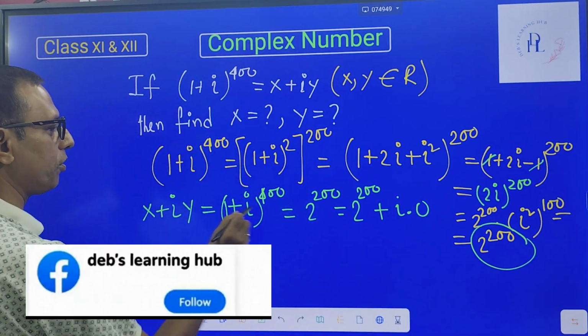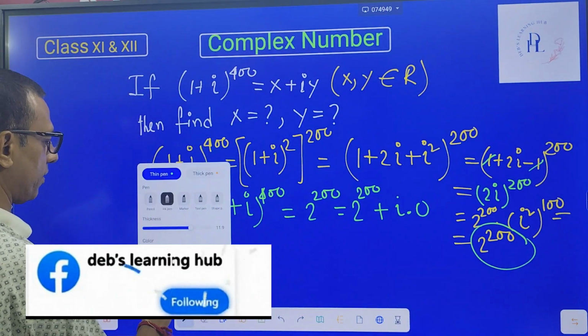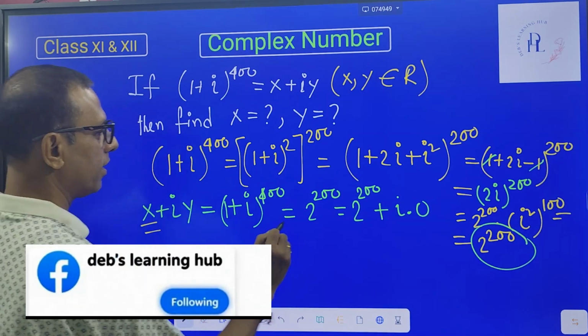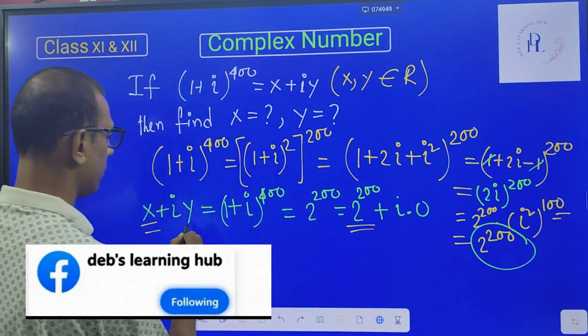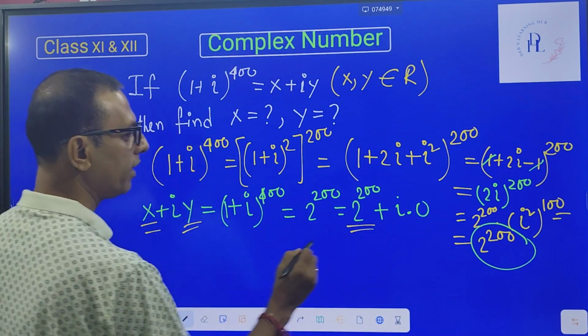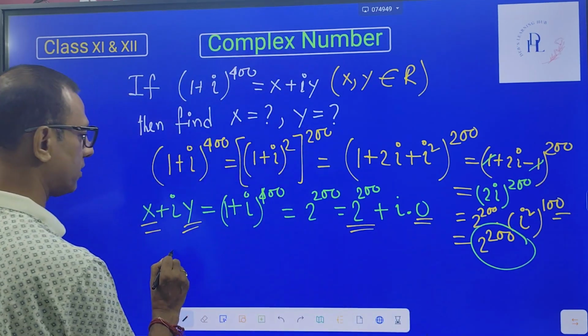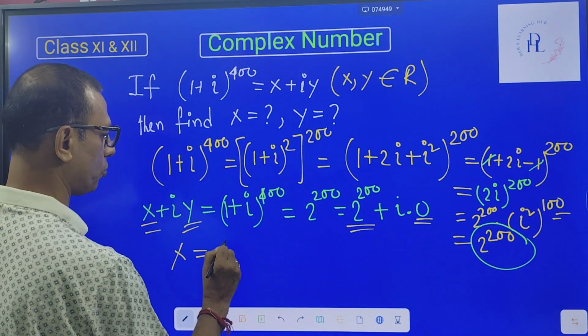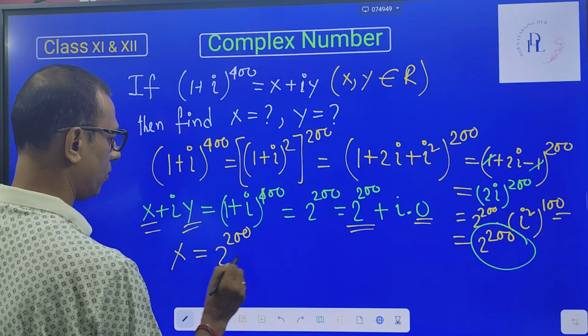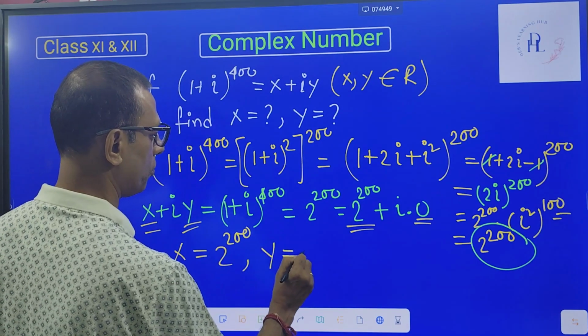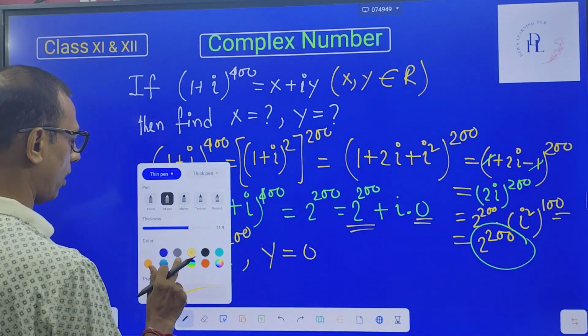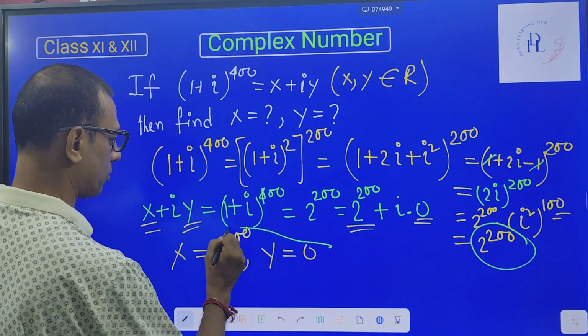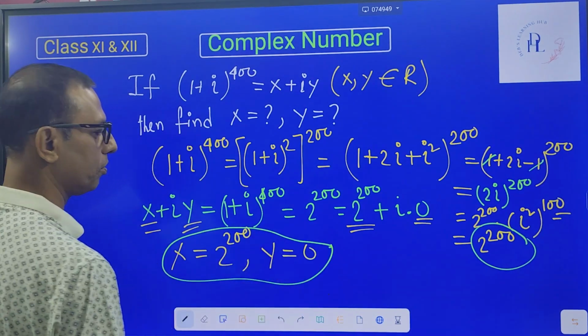That means now you can compare between the real part, x equals to 2^200, and imaginary part is y equals to 0. That means क्या होगा? x equals to 2^200 and y equals to 0. So that is your answer.